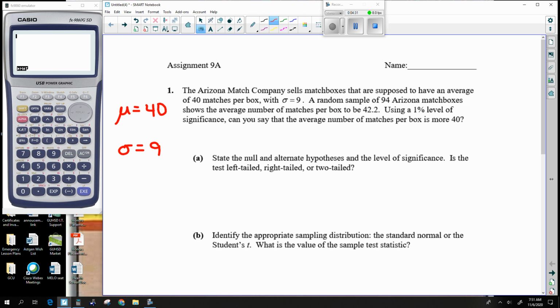A random sample of 94 matchboxes, that was our sample size, shows an average of 42.2. Using a 1% level of significance, this is the symbol of alpha. It looks like a fish. The question is, are the boxes now more than 40?